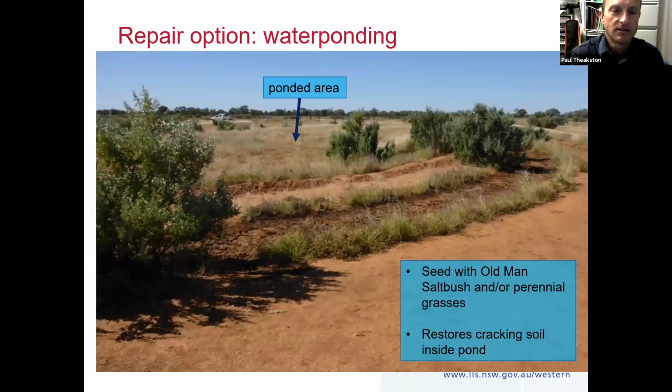So whatever is native to your area, they're an ideal opportunity to use the actual ponded water as an opportunity to seed with something. And after a few years, that scald becomes a cracking clay soil again. It's amazing to see how it changes the soil so dramatically.